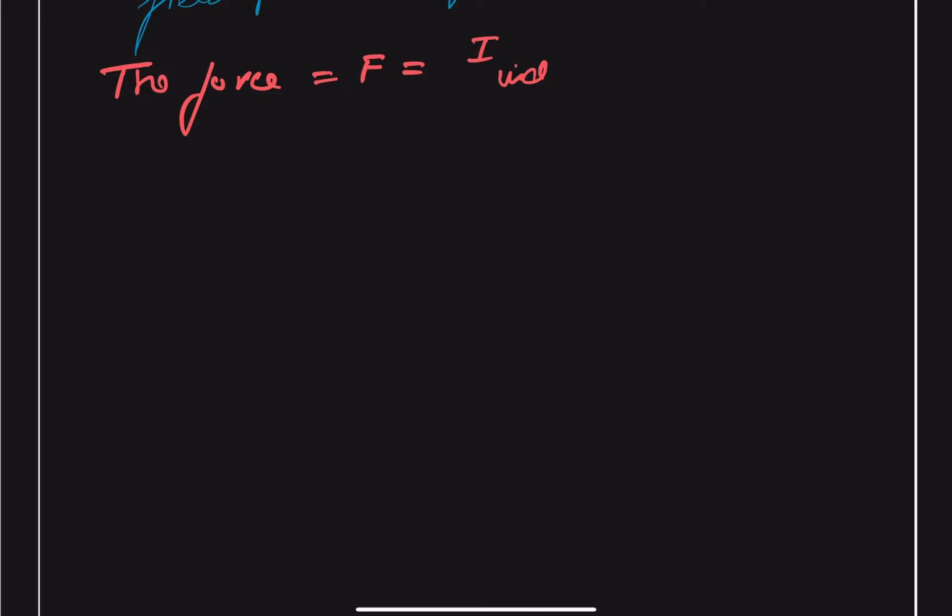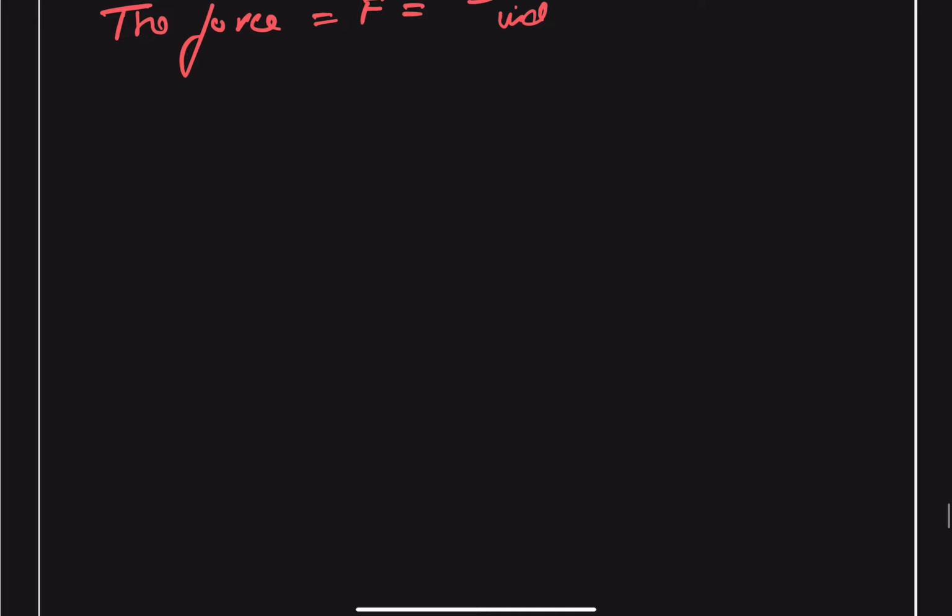Therefore, we can say the force on the current carrying conductor in the magnetic field, the force F will be equal to current induced times L multiplied by B, where L is the length of the conducting ring.